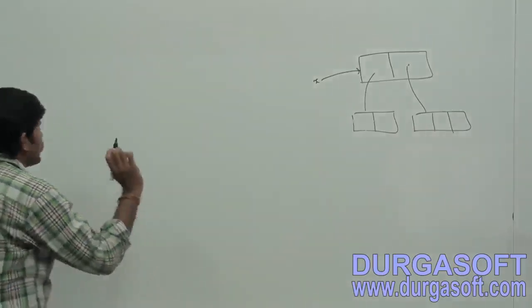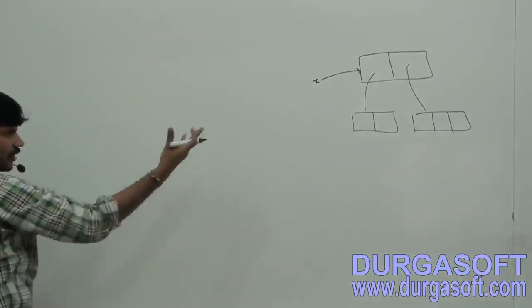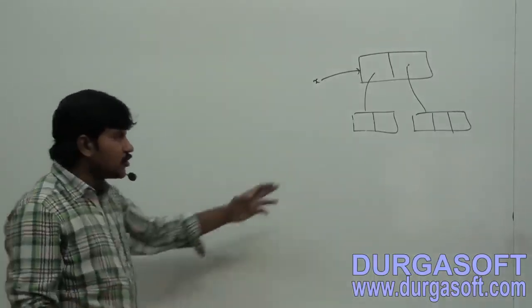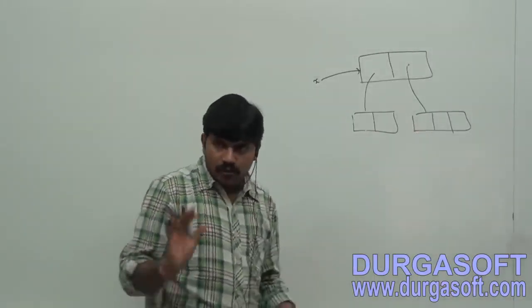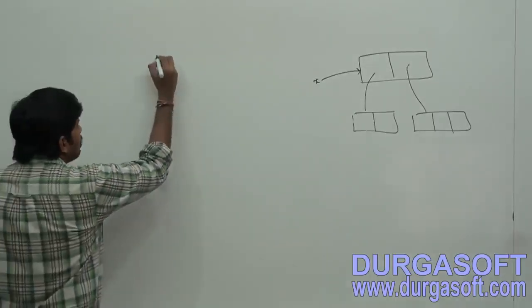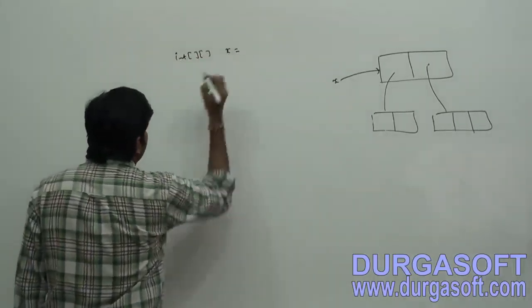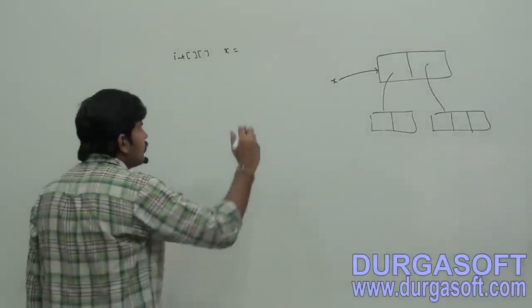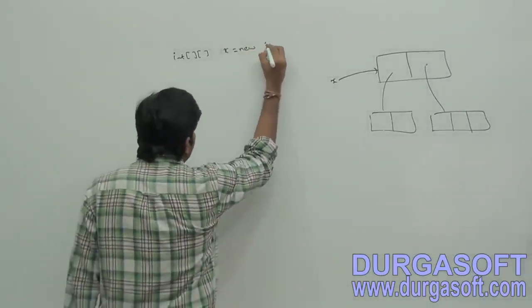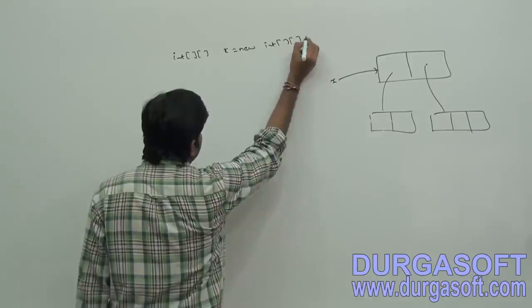How to create? Simple. Write Java code for this. How can we write Java code? Because sometimes 2, sometimes 3, you may have the doubt. Simple. I'm taking int 2-dimensional array x is equal to new 2-dimensional array.